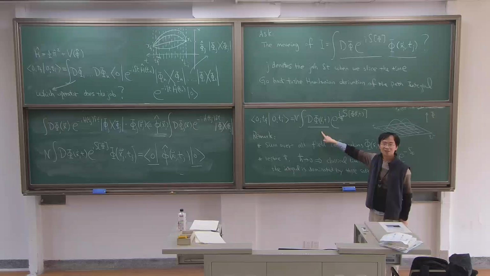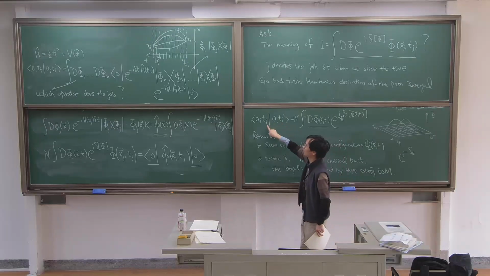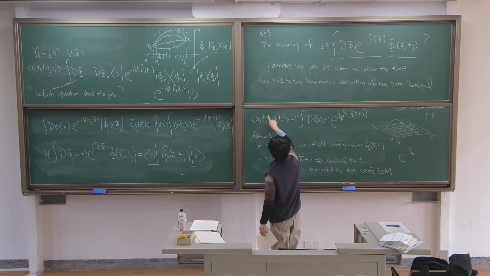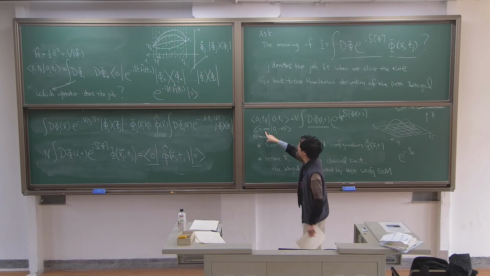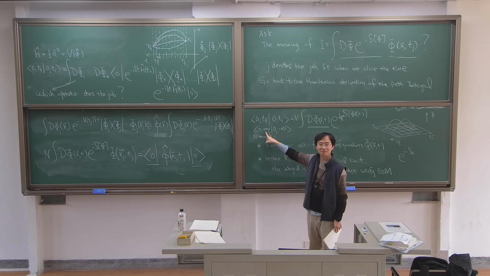Okay, look. Sometimes we hide this time. For example, if we hide this, usually we mean this: minus infinity and plus infinity specify the time. This is what we really mean, okay?